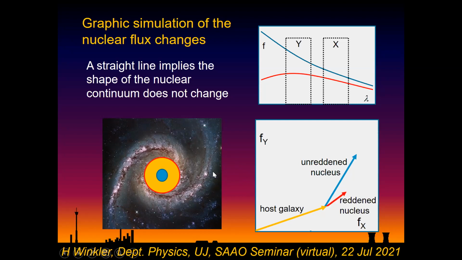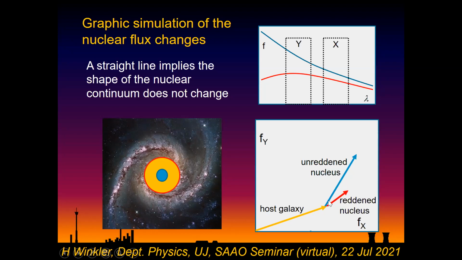Something else is, what happens if you have a lot of dust in front of you? And so your nucleus won't be quite as blue anymore. You're going to lose some photons in all these bands. And what will then happen is you're still going to get the straight line, but the variation is going to be along a slightly different tangent. So you're going to have a less steep slope.